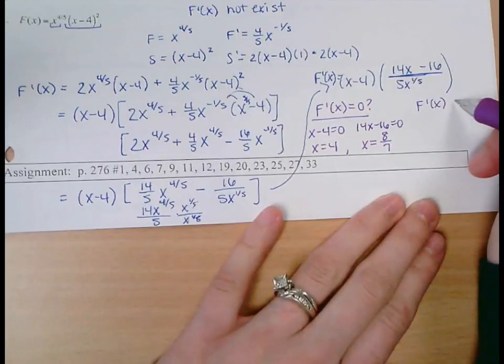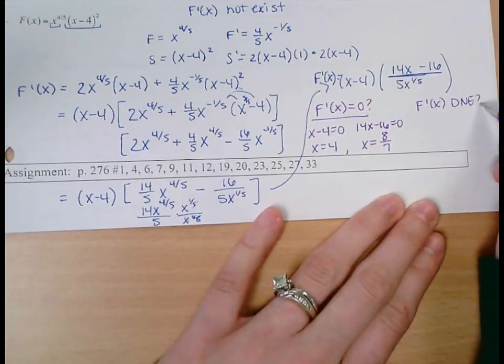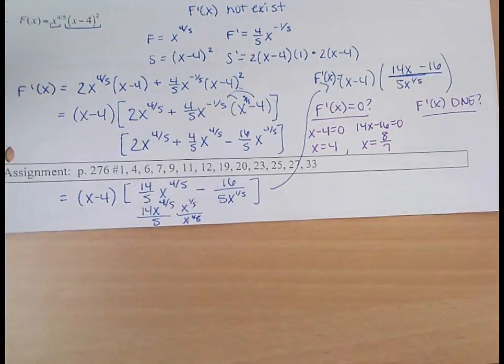A lot of derivatives don't have x values where they don't exist. Finding where it doesn't exist would be finding values of x that are not in the domain of the derivative. So why I was trying to get this to be one fraction here is when you have a fraction, it's equal to 0 if the top equals 0, it's undefined if the denominator equals 0.